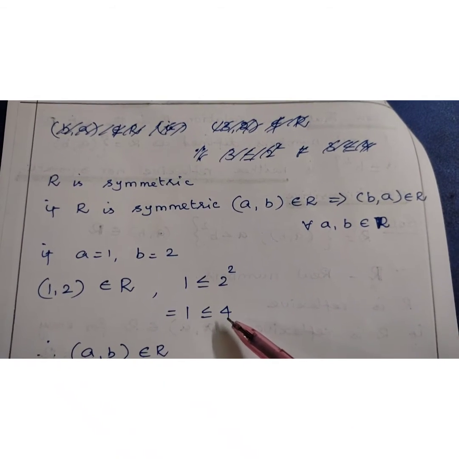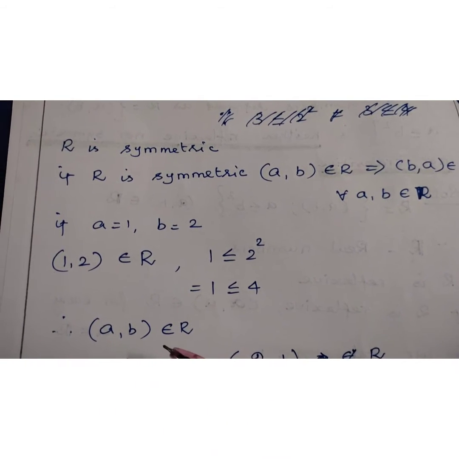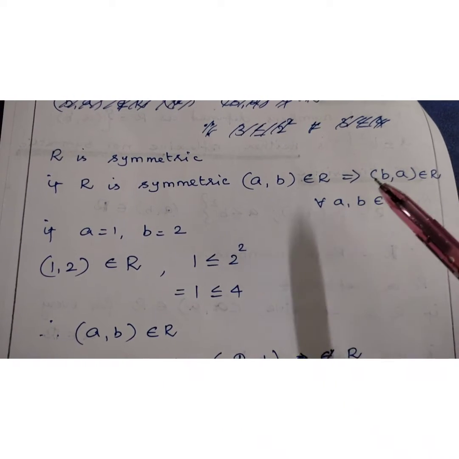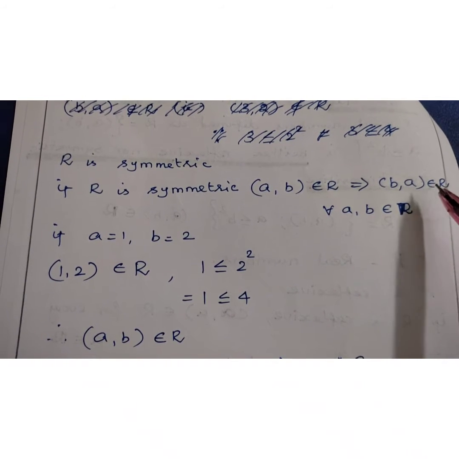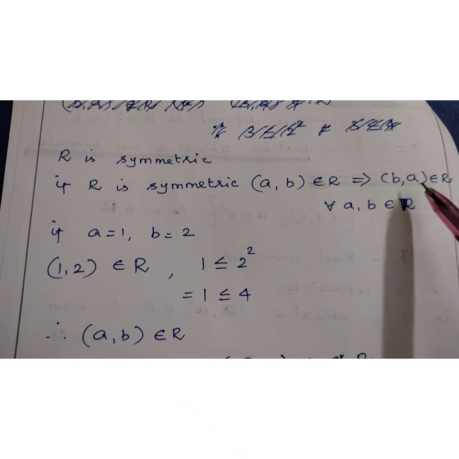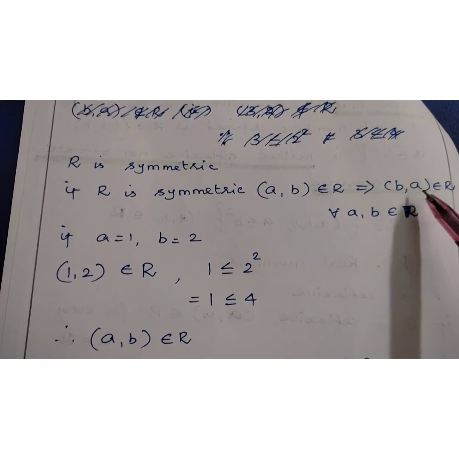This is true. Therefore we have the conclusion here (a, b) belongs to R. Now we have to prove that (b, a) does not belong to R, because we have to prove that R is not symmetric.